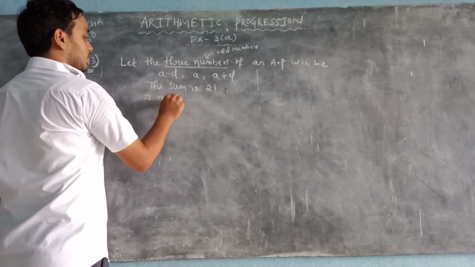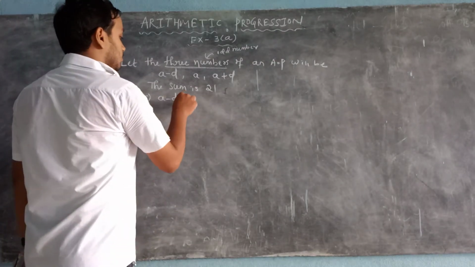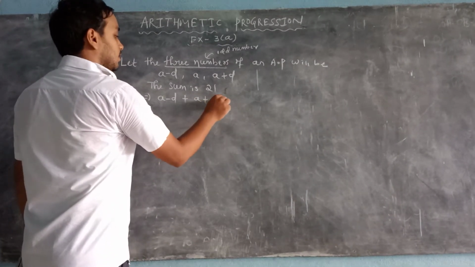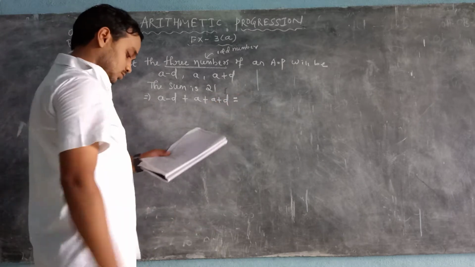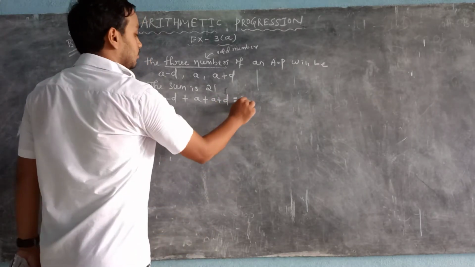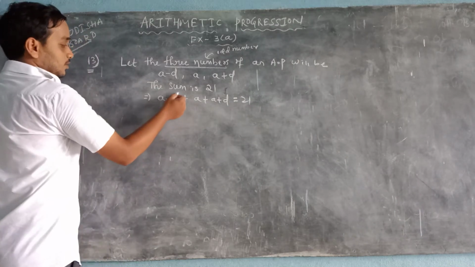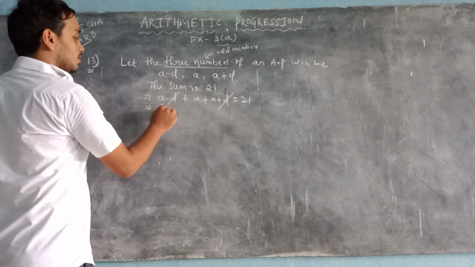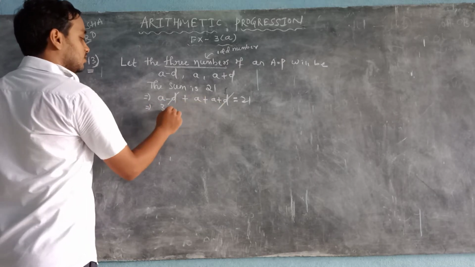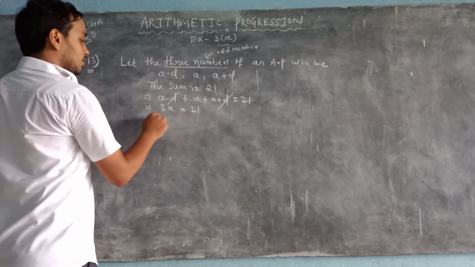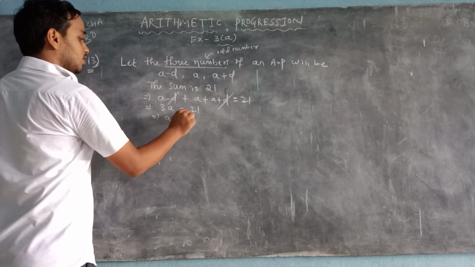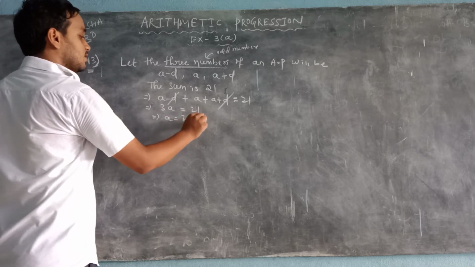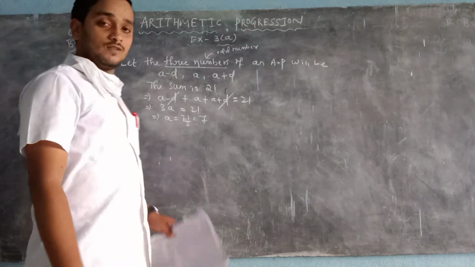So, A minus D plus A plus A plus D is equal to 21. Now solve this. Minus D plus D will be cancelled. Remaining 3A is equal to 21. A is equal to 21 by 3, that is 7. We got the value of A as 7.